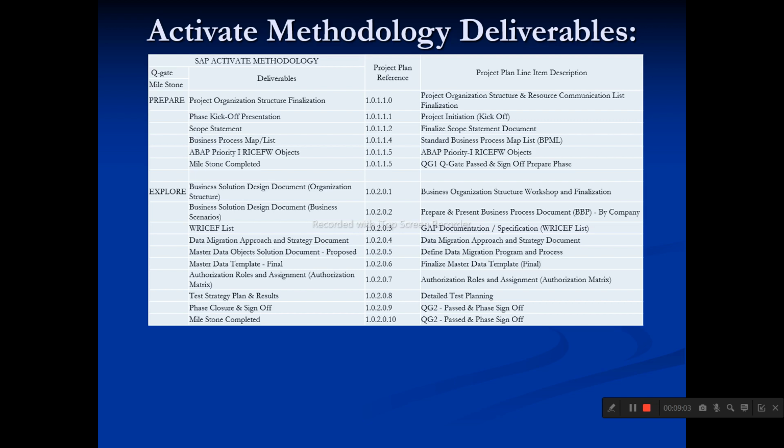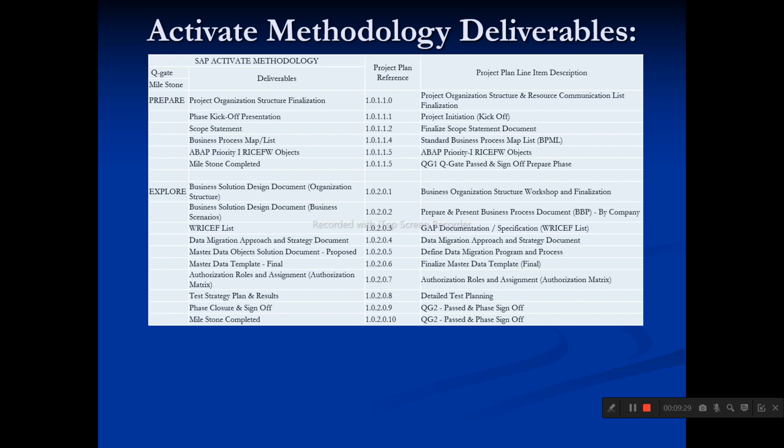Let's say SAP has 100 processes per module, like material management, sales and distribution, or production planning. Are we going to implement all 100 processes? If not, which processes? That list is called the BPML, the business process master list. We are just identifying the business processes. Once the BPML is identified or confirmed, we go for the explore phase.